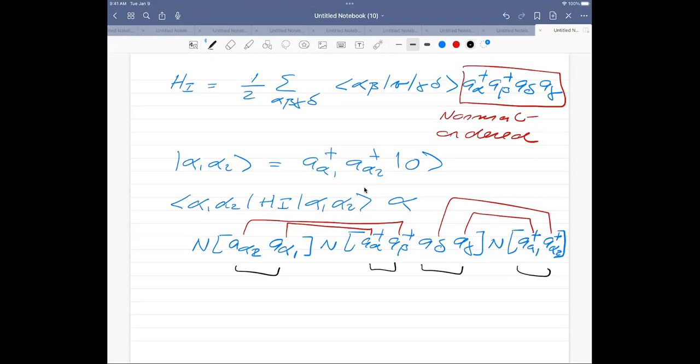And when you look at this set of operators, there will only be 4 different sets which give us something different from 0. Last week we did calculate this one. Now I just wanted to show you how you can simplify your calculations by looking at the set of normal ordered chains of operators.